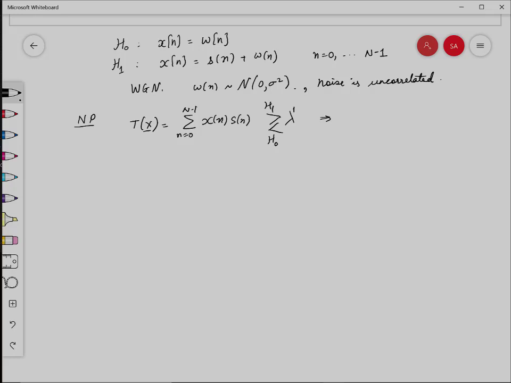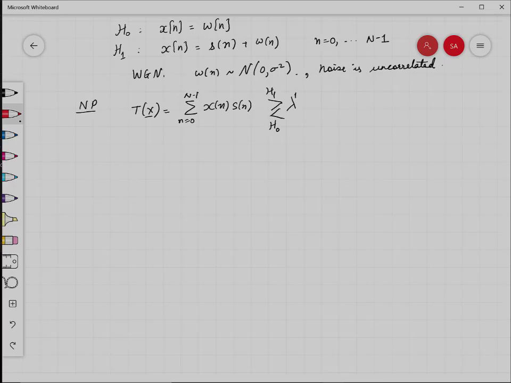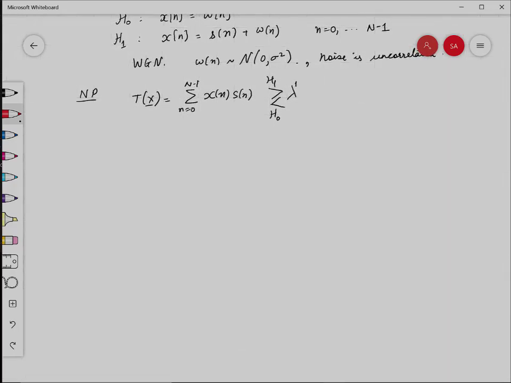Then to solve this problem, we had drawn a model wherein we take the input x[n] and pass it through a finite impulse response (FIR) filter with impulse response h[n], where h[n] is defined as s[N minus 1 minus n] for n between 0 and capital N minus 1, and 0 otherwise.